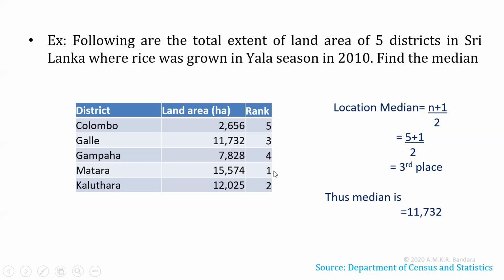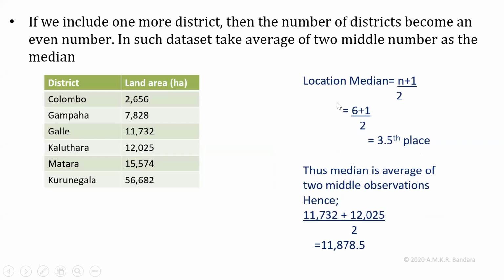This is the first place, this is the second place, this is the third place. So the median value of land extent will be 11,732.